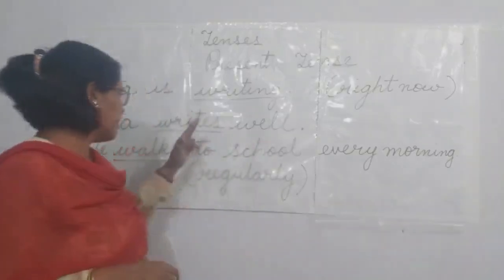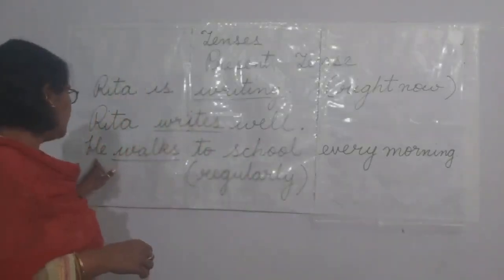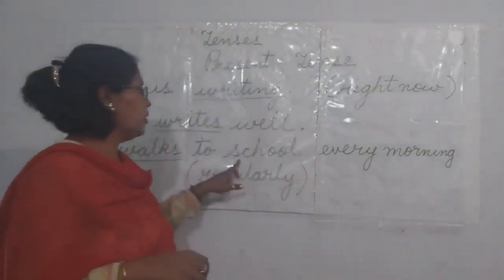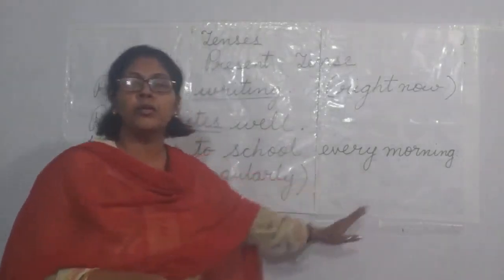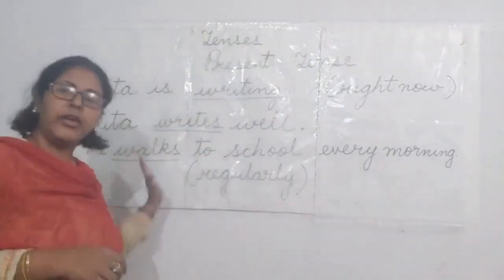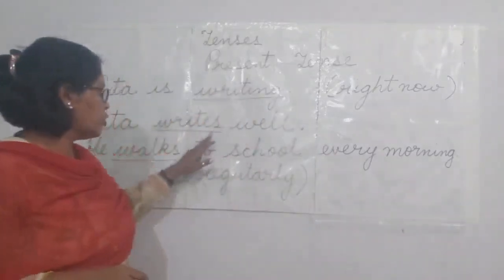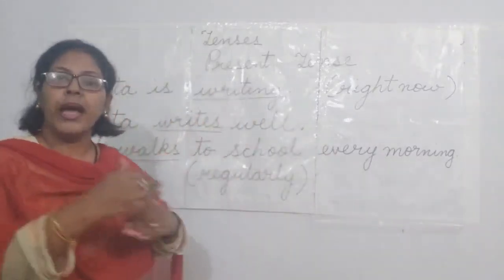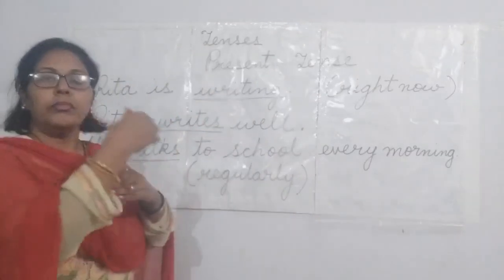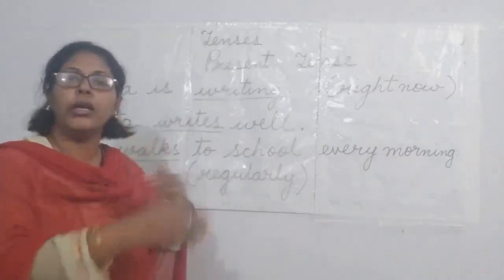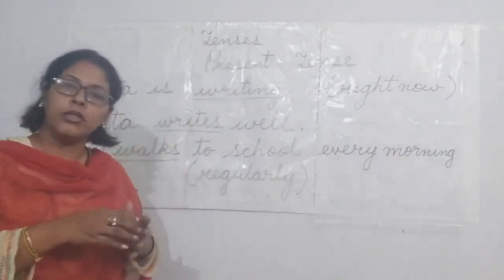Next one we have, he walks to school every morning. So whenever he goes to school, he walks. So these two sentences show that they are doing their work regularly. Understood now?